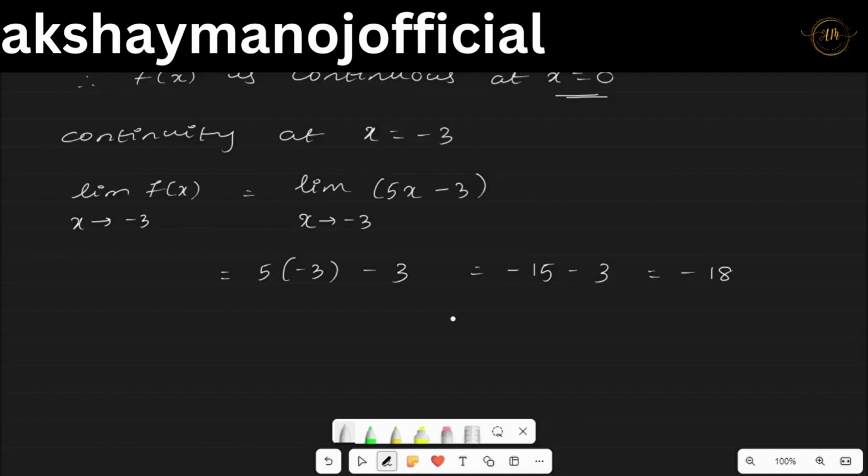And f of minus 3 is equal to 5 into minus 3 minus 3 is equal to minus 18.